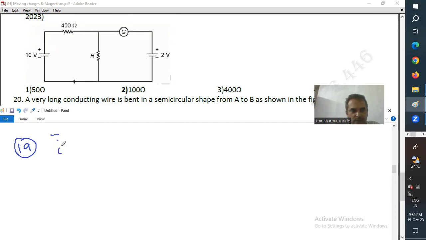I is equal to V by 400, since resistance is 400 here. The net potential V is 10 minus 2, so it is 8. Divided by 400, this is 8 by 400, which means 1 by 50. So I is 1 by 50.